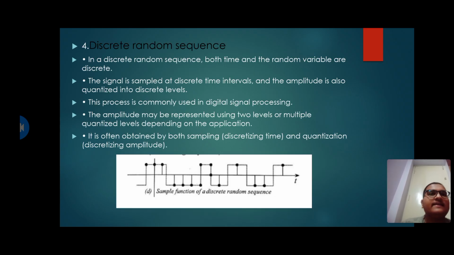Next, the discrete random sequence. In a discrete random sequence, both time and the random variable are discrete. The signal is sampled at distinct discrete time intervals and the amplitude is also quantized into discrete levels. The process is commonly used in digital signal processing, in which both time and amplitude are discrete.